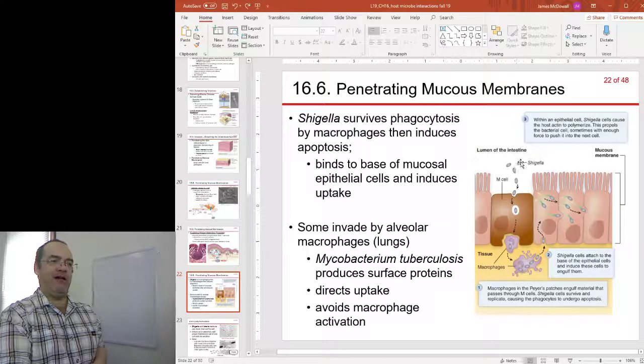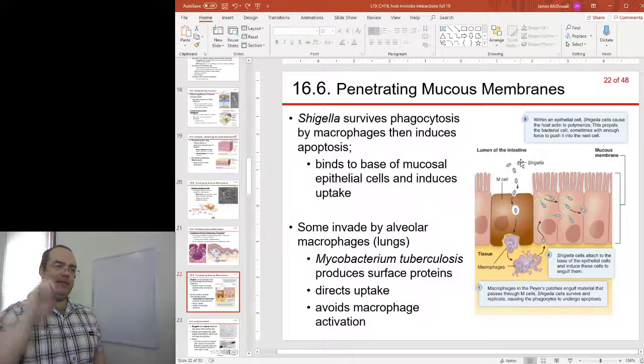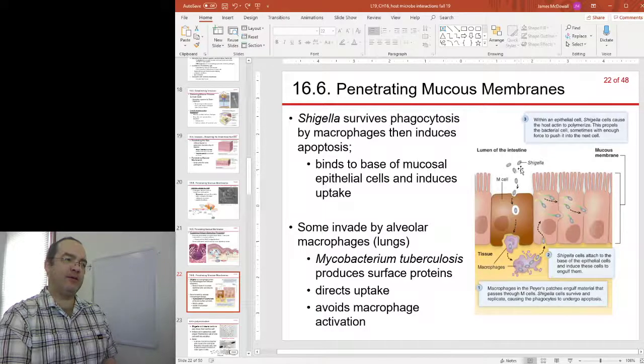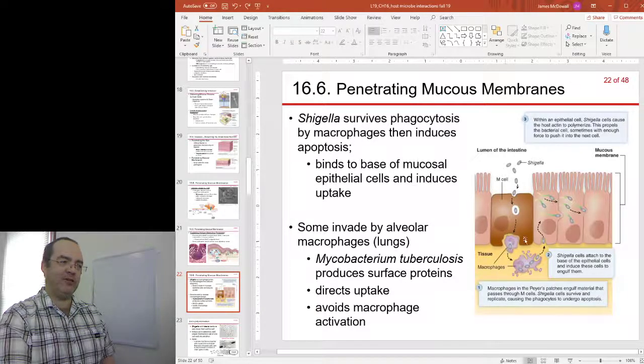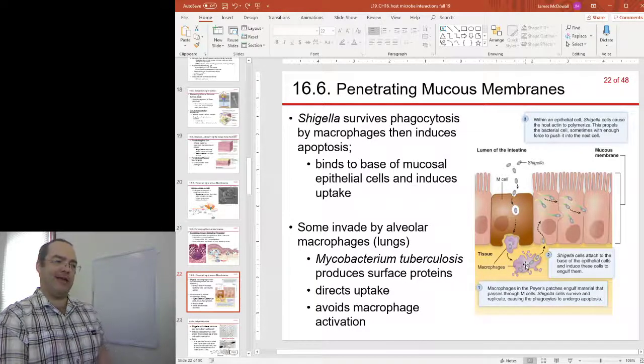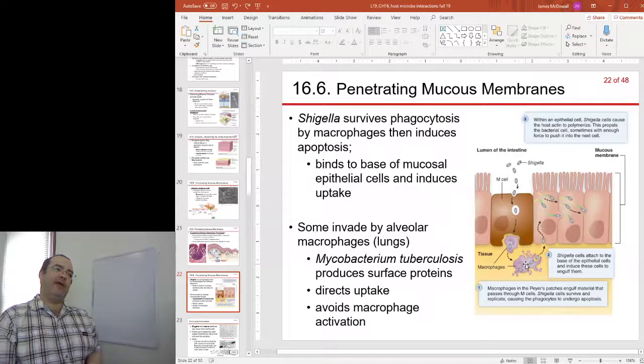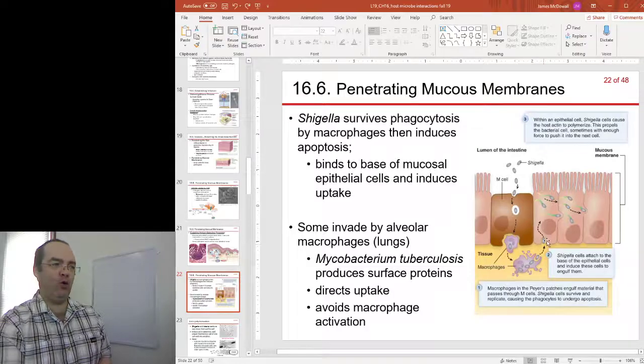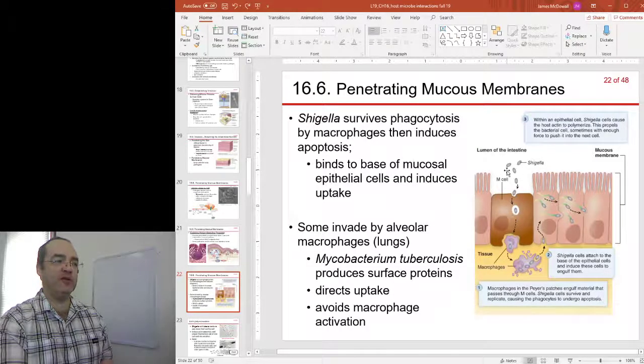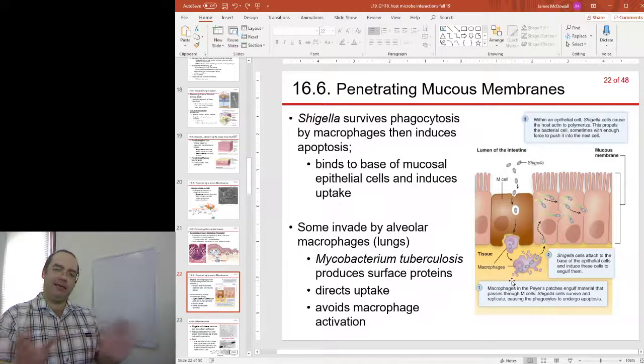Our Shigella bacteria, it actively wants to be uptaken by our M cells. It wants to be delivered to a macrophage because it has all the tools necessary to kill that macrophage and escape. And all of the hard work of moving the Shigella from outside the body to inside the body is done by the body itself.